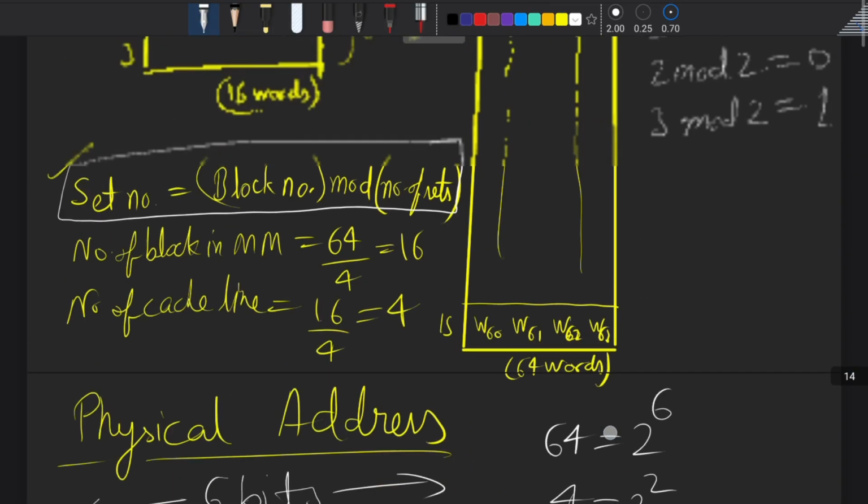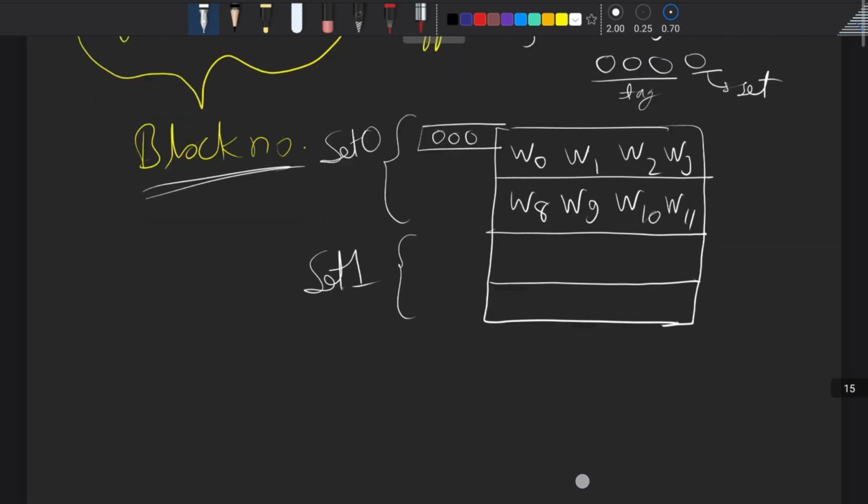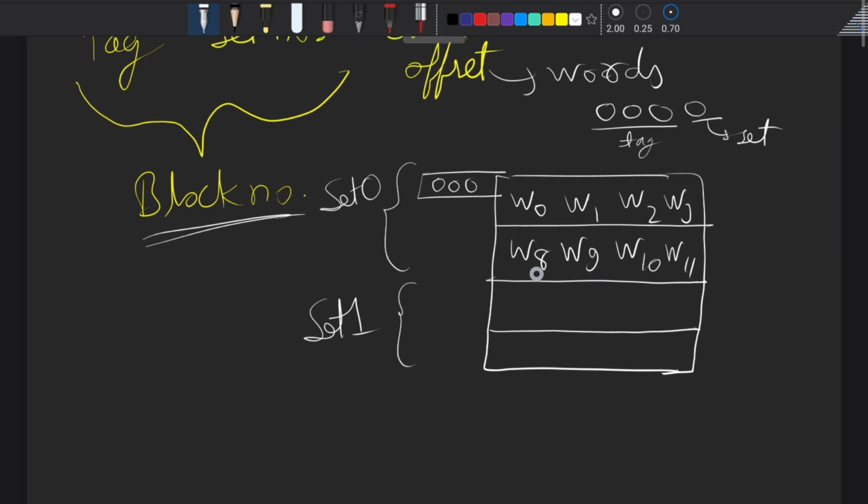You know that these are stored in the second block. To represent the second block, we will use the bits 0, 0, 1, 0, where these bits will be tag bits and this bit will be the set bit. So here we will be representing the tag bits as we used to in associative mapping.